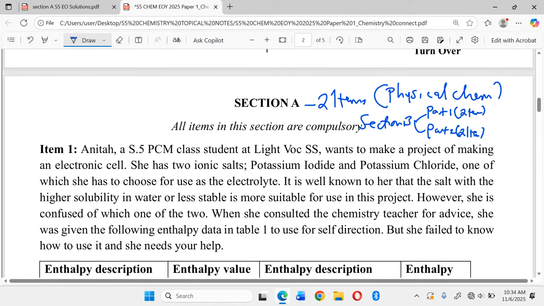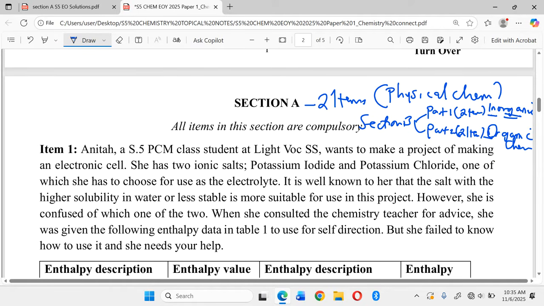And the learner is supposed to select only 1 item from part 1 and 1 item from part 2. Now, in part 1, that's where we find inorganic chemistry. And then in part 2, that's where we shall find our items about organic chemistry.